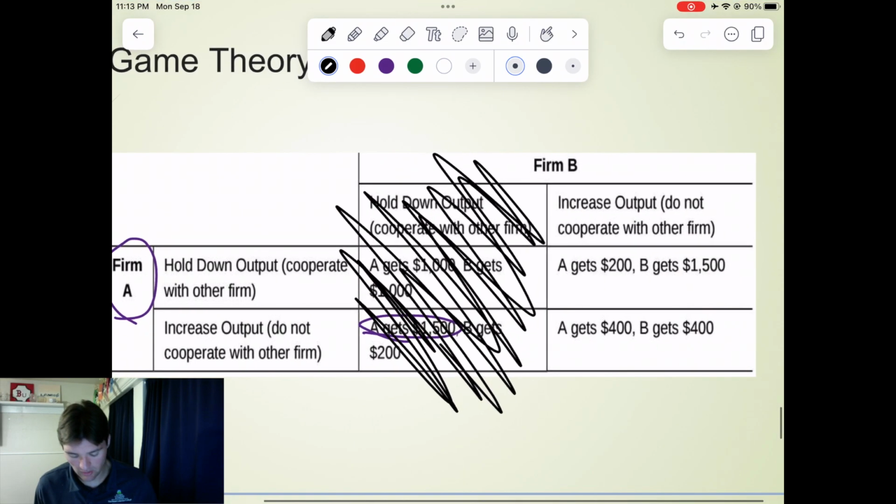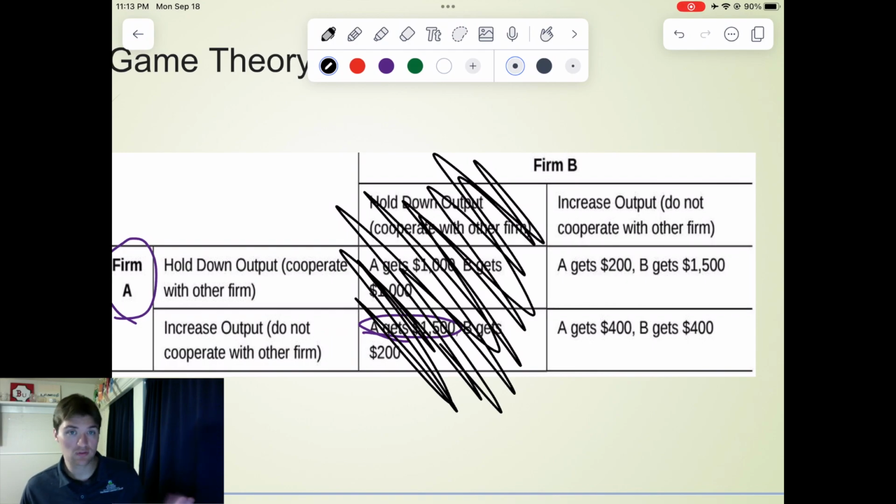Okay. If B were to increase output, what's better for A? Okay. So B is choosing increasing output. So we're going to leave that alone. So what does A do? A gets 200 or 400. And A would get 400. That's what they're choosing.